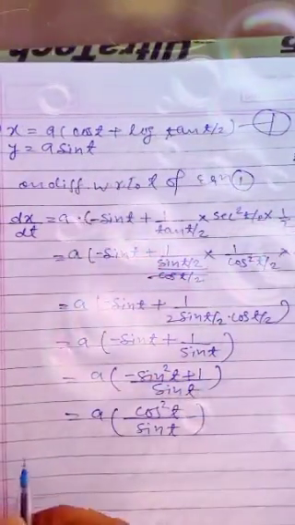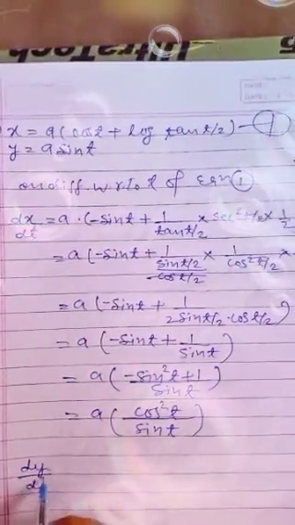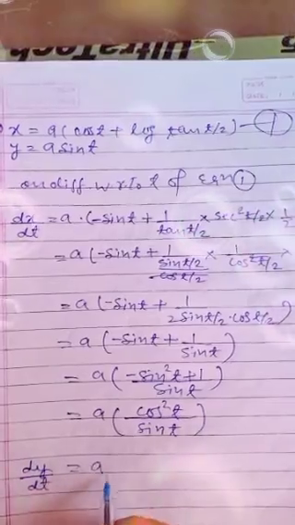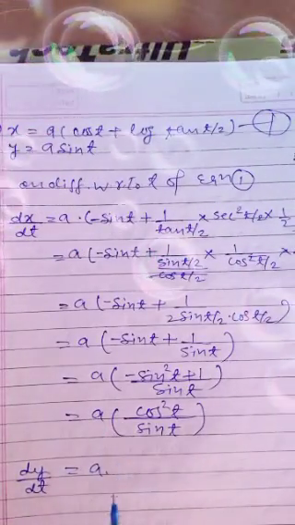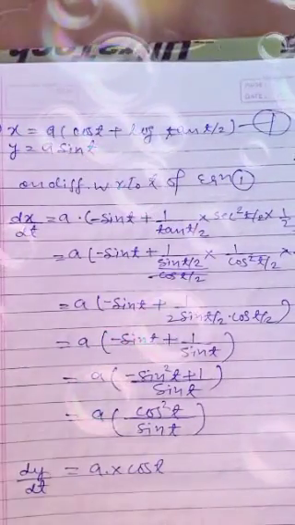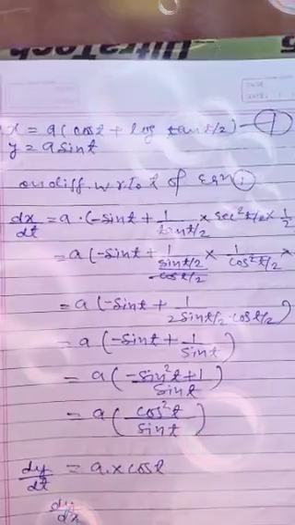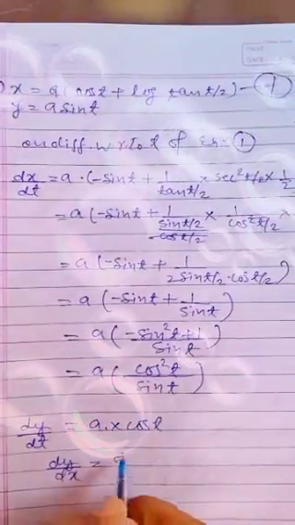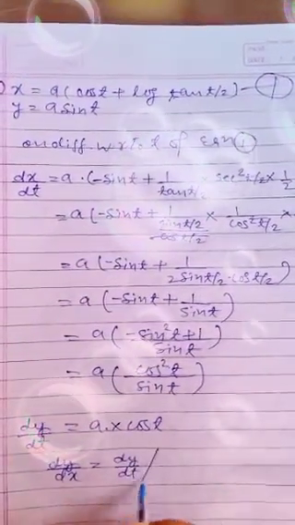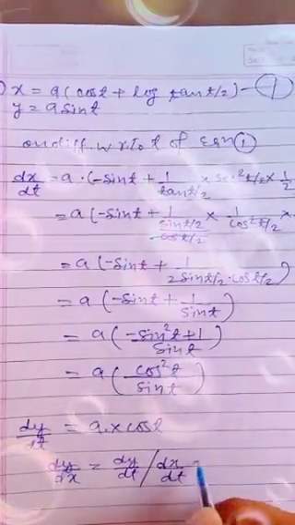y is equal to a sin t. So here you can write dy over dt is equal to a multiply the differentiation of sin t, which is cos t. Now what do we need to find? dy over dx. So here we can write dy over dt divided by dx over dt.